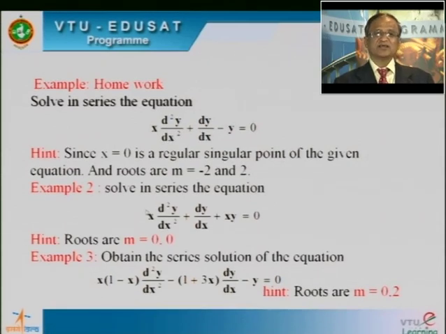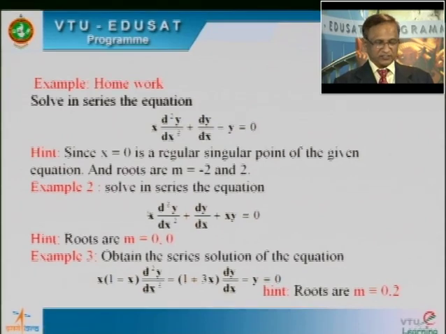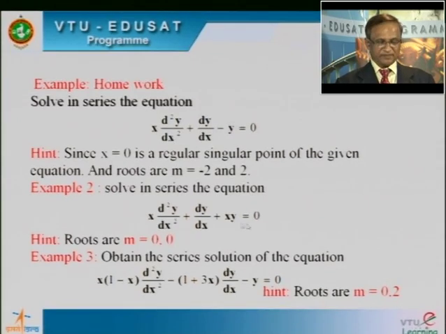So once again you can assume the solution of this equation is of the form y is equal to x raised to m into the bracket a0 plus a1x and so on, right? Again you want to calculate the constants, then replace m by 0. Observe m is equal to 0 and 0 are the roots, repeated roots. I hope you are able to write down the complete solution of this equation.